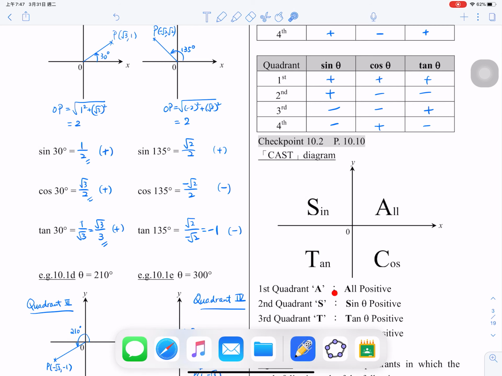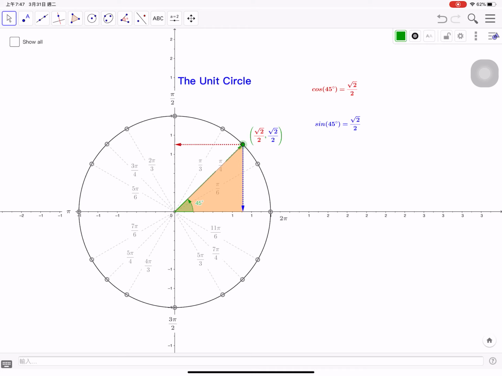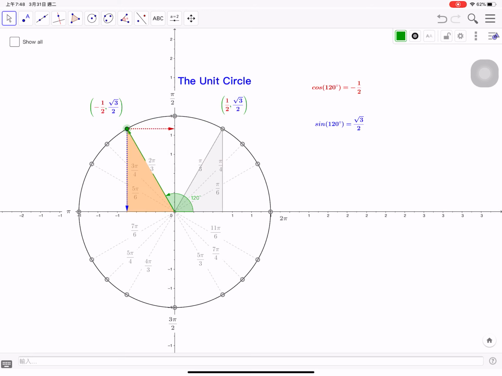And finally, I want to introduce this app to help you understand clearly. Let's see. In a circle, cosine, sine. In the first quadrant, the xy coordinates are positive, so sine and cosine keep on being positive values. In the second quadrant, because x is negative, only sine, that means y, is positive.